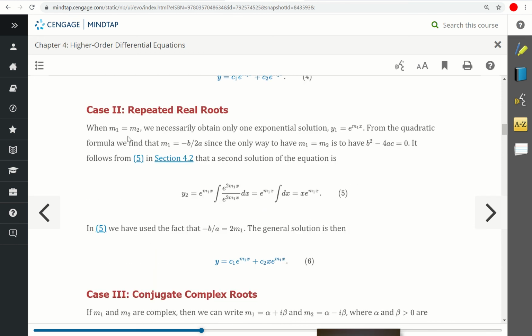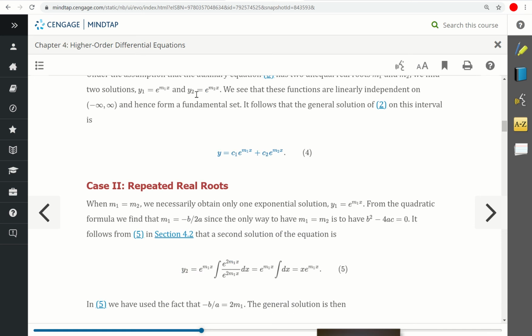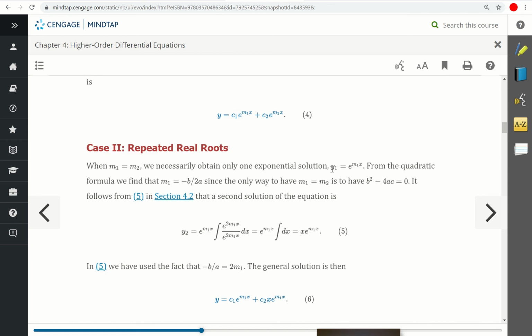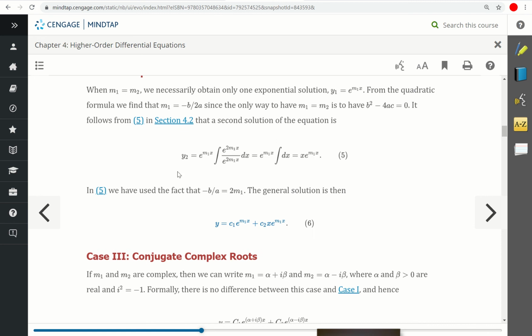The second case is when we have real repeated roots. So what happens if a root is of order 2? In this case, the 2 functions would be the same function, so they would not be linearly independent. Okay? When this is the case, our solution is going to look like the following.